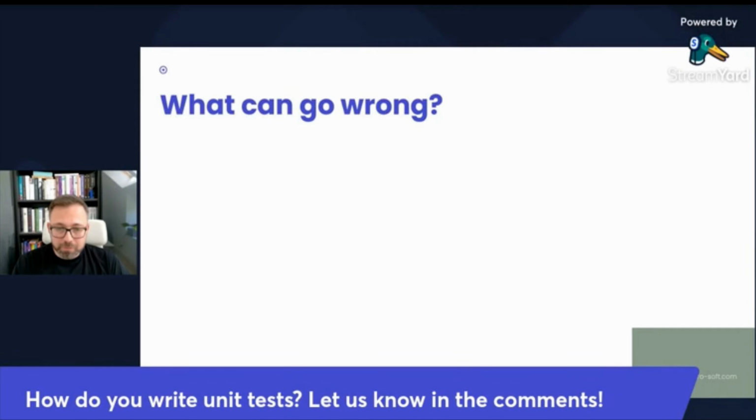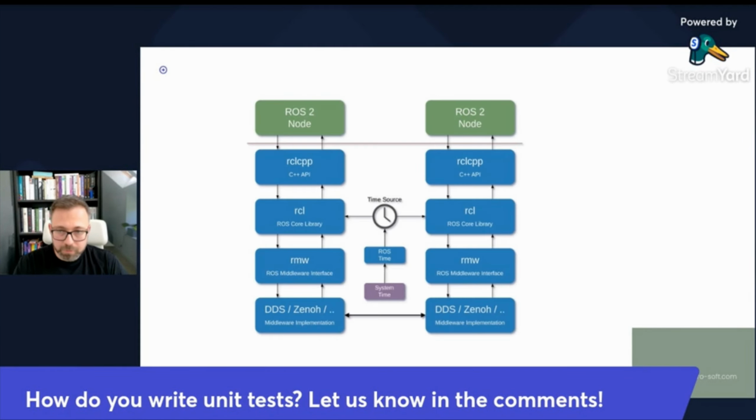What can possibly go wrong with that approach? It's a simple example, but we're going to see that it's not actually easy to test. We have to consider the layered structure of the actual message passing path.